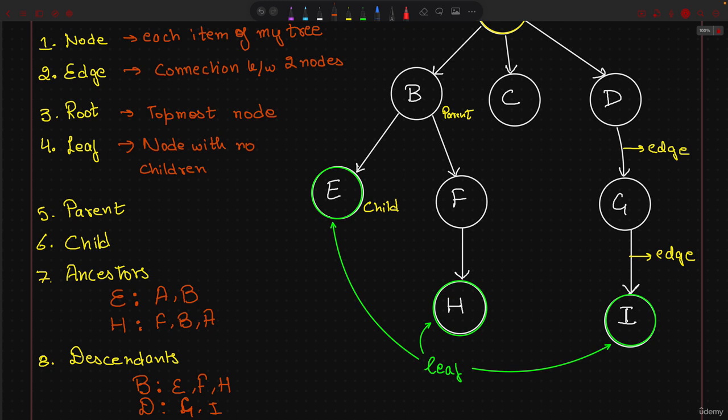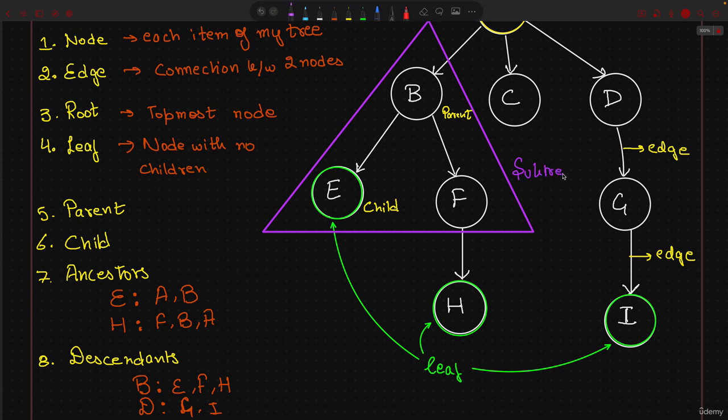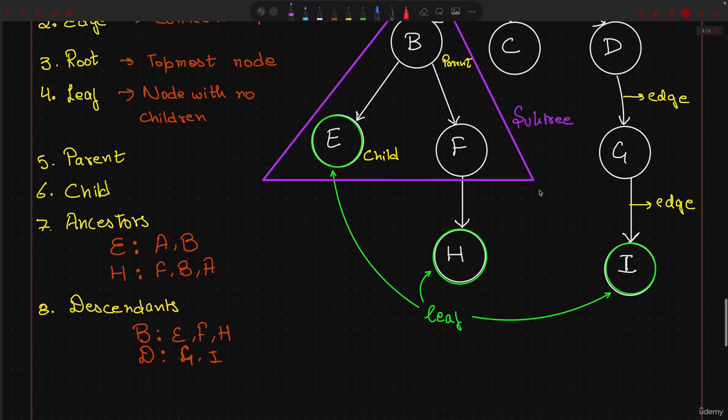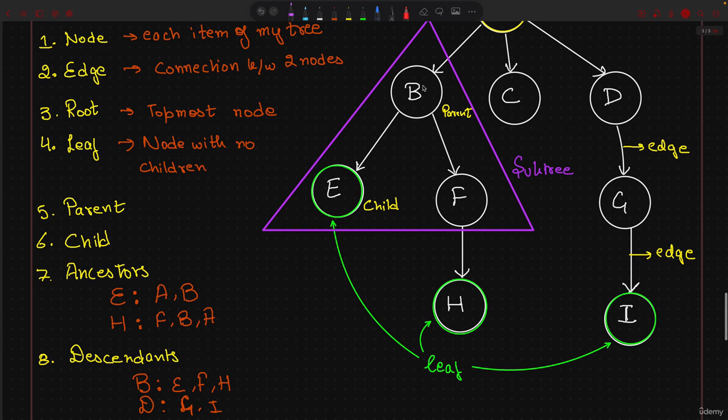So this overall, okay, let me find a color which is a little bit light. So this, as we have already discussed, can be called a subtree, right? So yeah, this is a subtree, something which we have already discussed, right? If you see this, this is a separate overall tree starting, right?